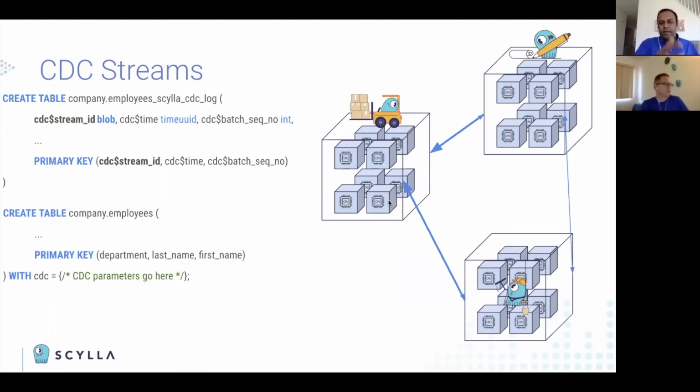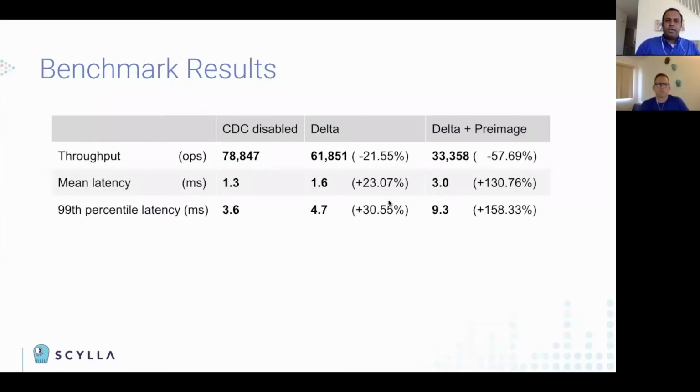We created a small sample data set, and here are the benchmark results which we got from benchmarking this. When CDC is disabled, you can see it's about 78,900 operations approximately.